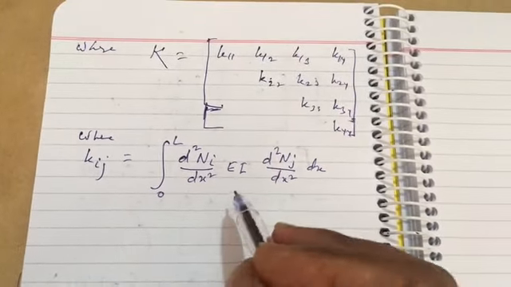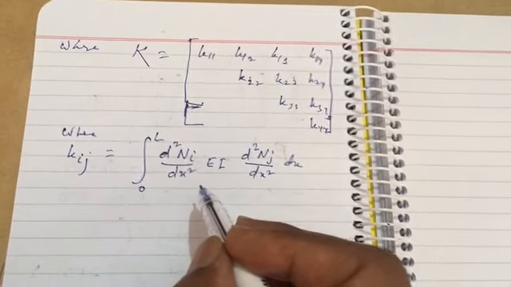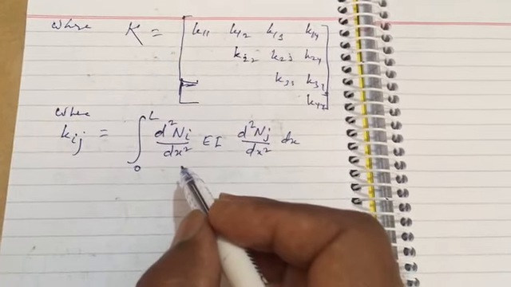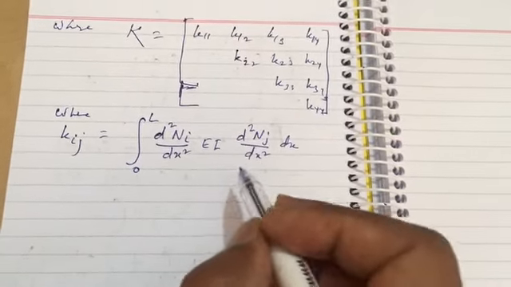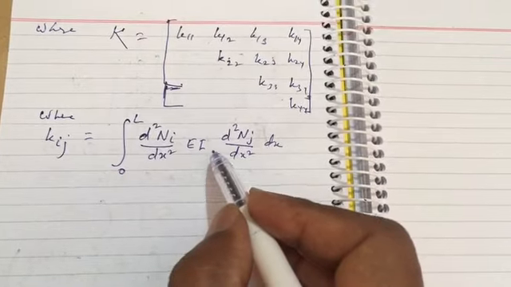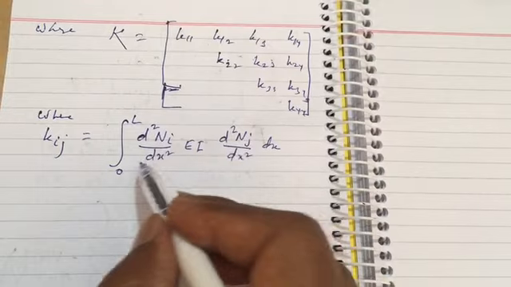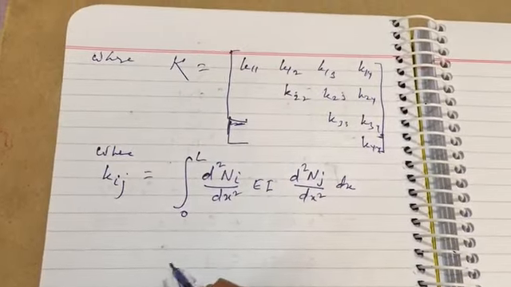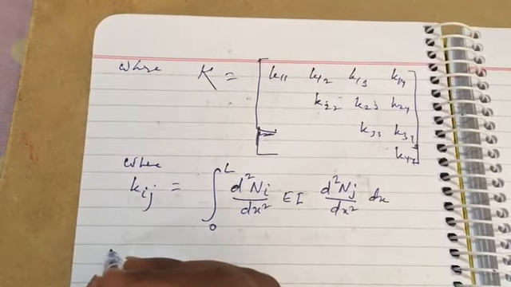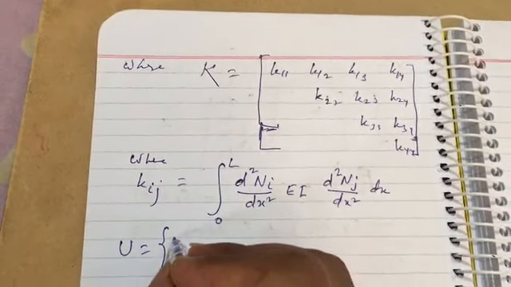Notice that this is exactly the same format as what you derived for the 1D bar element, but there is a difference. Instead of A you have I here, and instead of a single derivative you have double derivatives here, otherwise it is the same. Next is u. As I said, it is d1, d2, d3, d4.